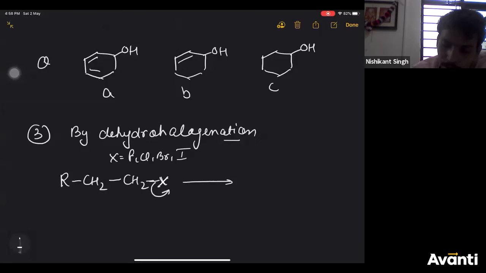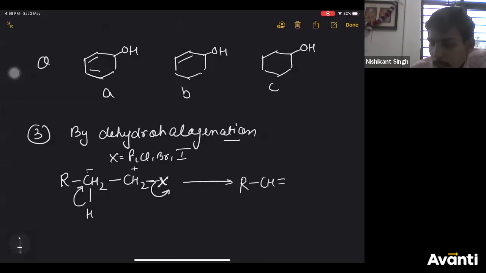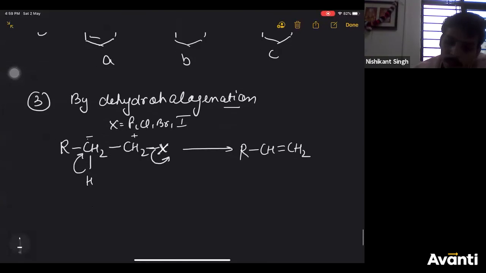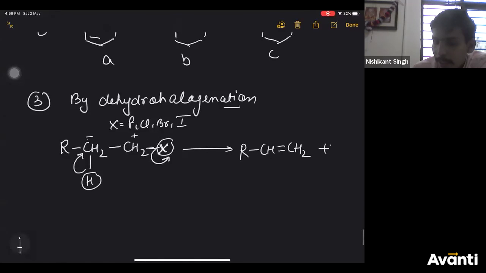So the bond will break like this, and this carbon will get a kind of positive charge. From the next carbon, H plus will be eliminated, so that carbon gets a negative charge. Negative charge on this and positive charge on this will form a double bond. Now this H plus and this X minus will combine to form HX.